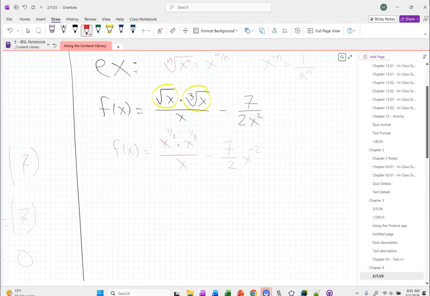Now how do I multiply x to 1/2 times x to 1/3? Add the exponents. Another exponent property, right? Remember when your Algebra 2 teacher told you that you needed to memorize these exponent properties, that they weren't going away?